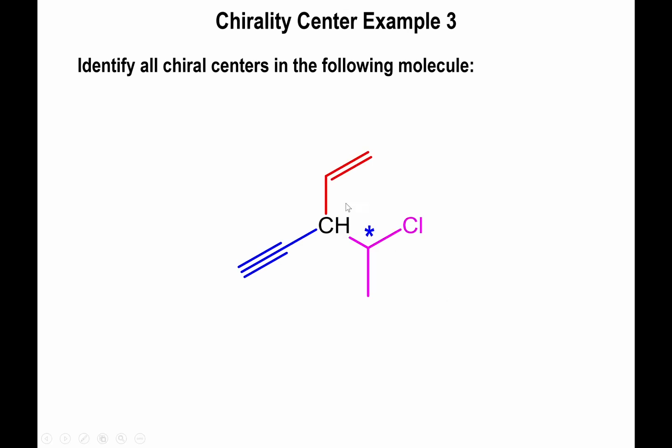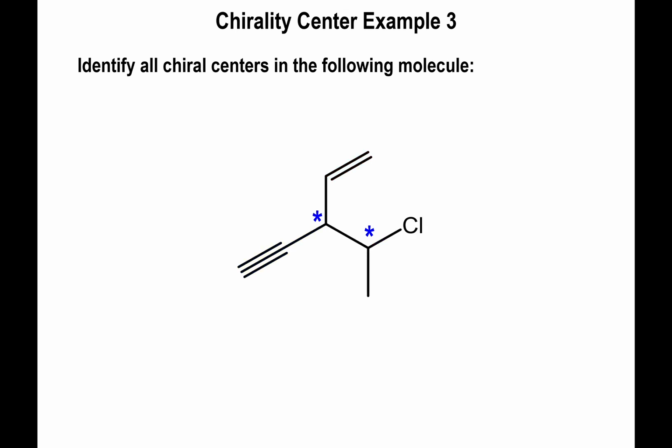Now the carbon here on the left side also has to have a hydrogen bound to it to complete its octet. Hydrogen is different than this ethyl fragment. The ethyl fragment is different than a vinylic fragment, the one shown in red, and that vinylic fragment is different than the acetylenic fragment that we have here in blue. So altogether, this carbon also has four different things bound to it.